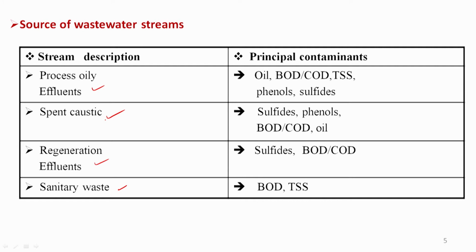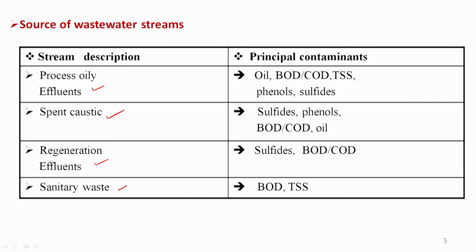Regeneration effluents are generated when we regenerate the catalyst, and catalysts are widely used in different processes in the refinery. So, regeneration is also widely used, and wastewater is generated through it, and the sanitary waste comes from the office etc.